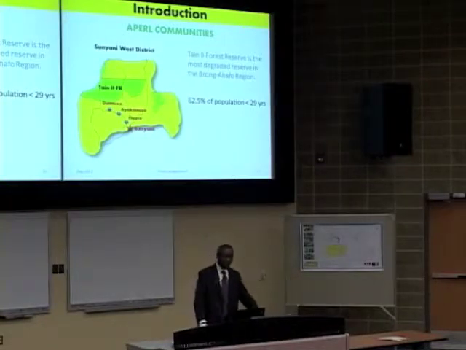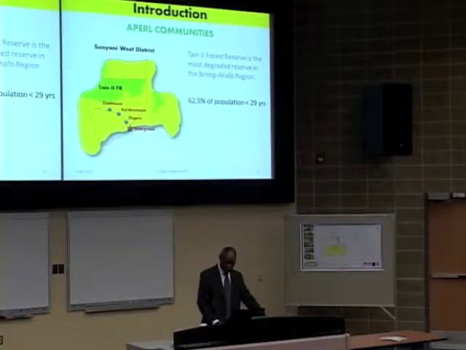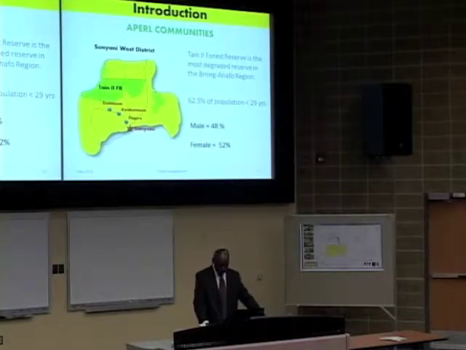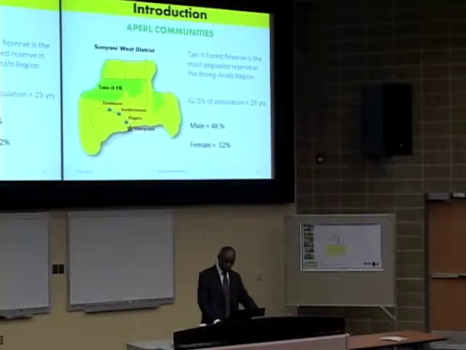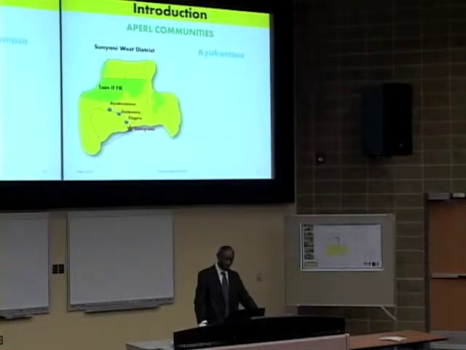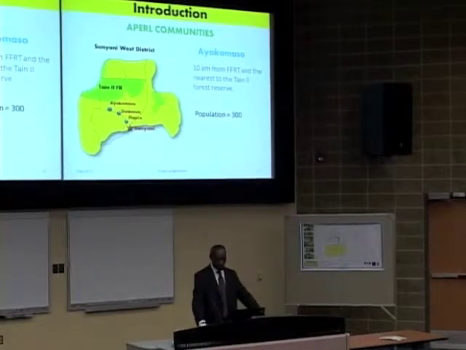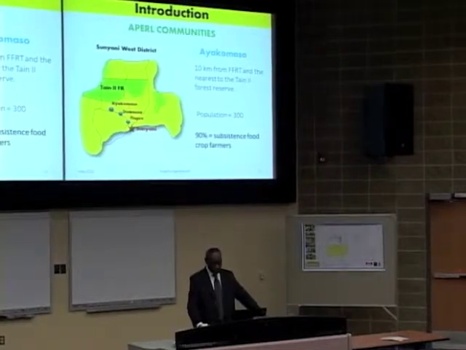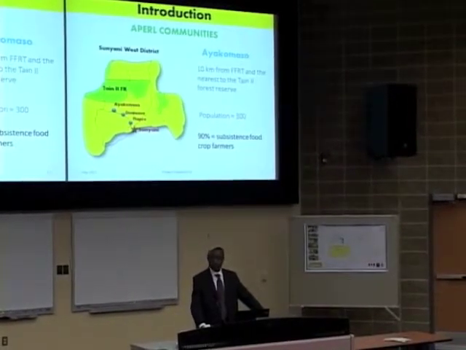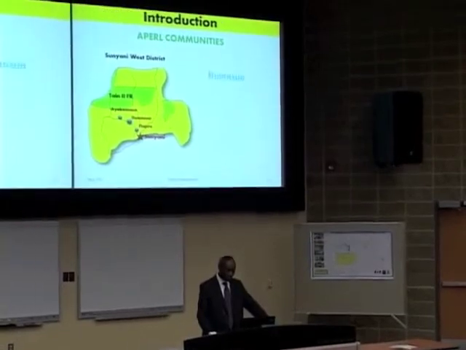The village has about 62.5% of its population below 29 years. Male 48%, and also female 52%. Ayakumaso, which is the second community, stays about 10 kilometers from the faculty and has a population of 300. 90% of them are subsistence food crop farmers.